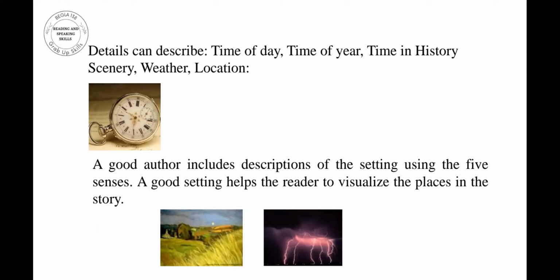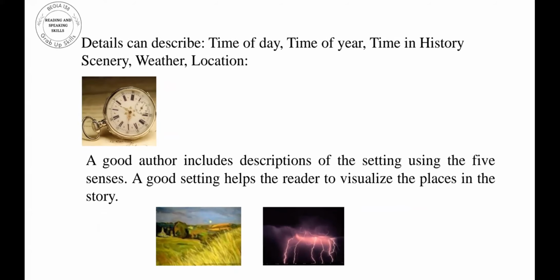A good author includes description of the settings. It tells about the five senses, where it was going, what was happening, everything like that. A good setting helps the reader visualize the places in the story.